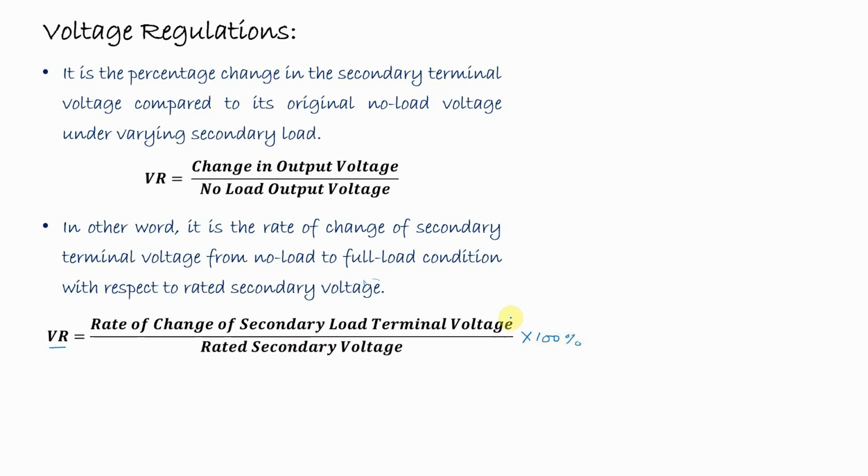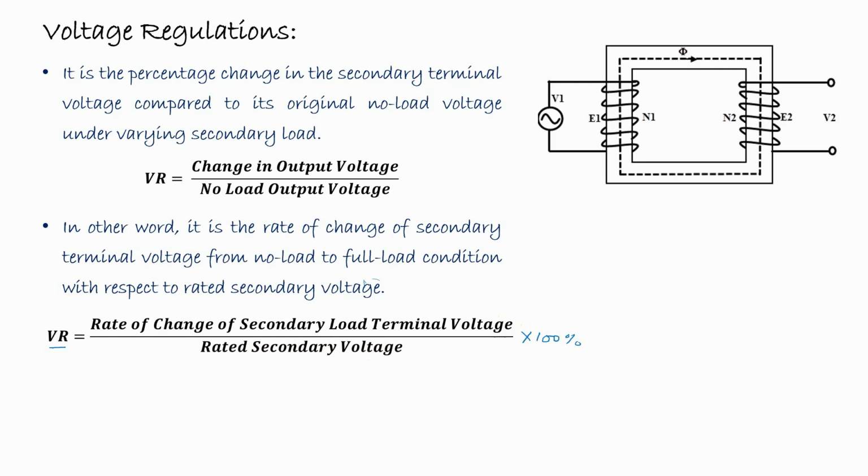Let's explain. As we know, when the transformer operates at no load condition, no current will flow in the secondary side. So in this case, the voltage across the load terminals, let's say A and B, will be equal to the EMF induced in the secondary winding.